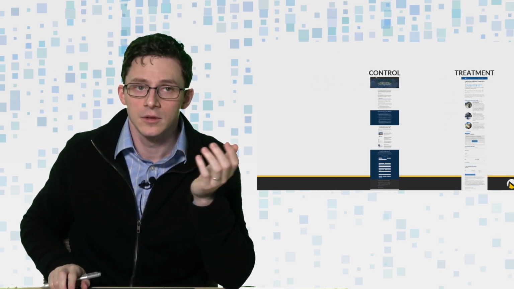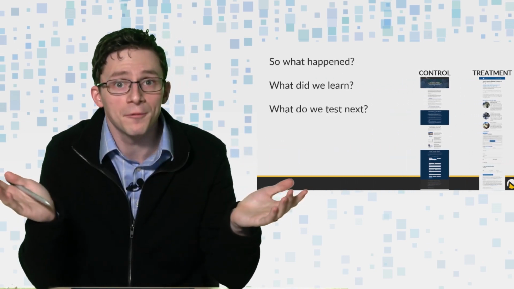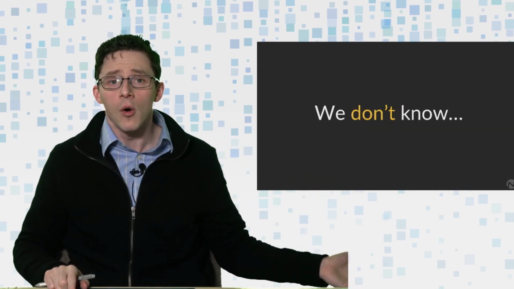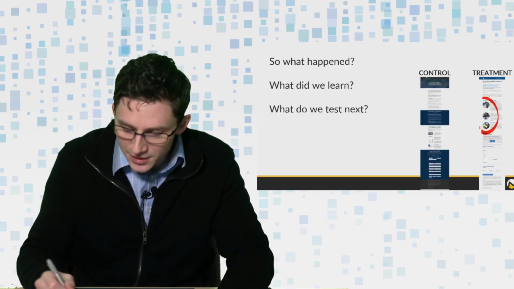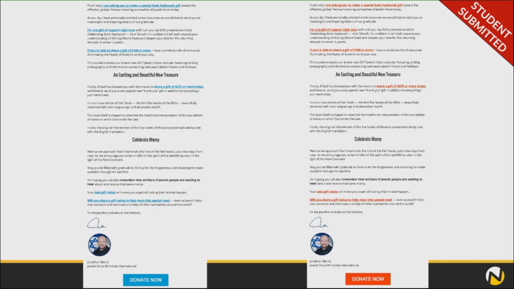Okay? Well, I don't know. What did we learn? Where do we go from here? Guess what? We don't know. You want to know why we don't know? We don't know because there are too many changes. Okay, then let's run a different test.